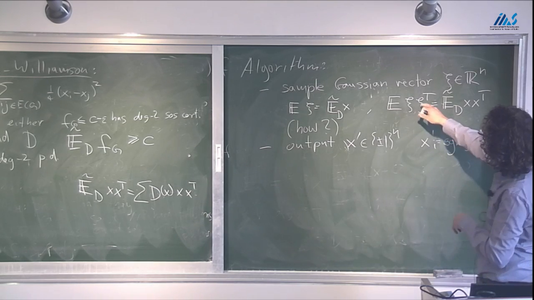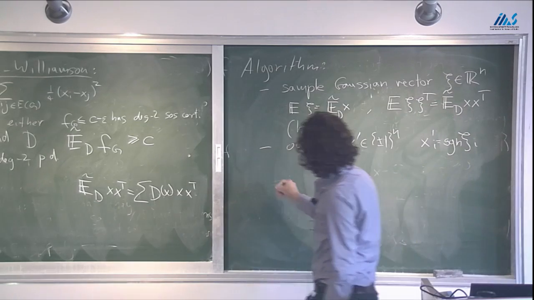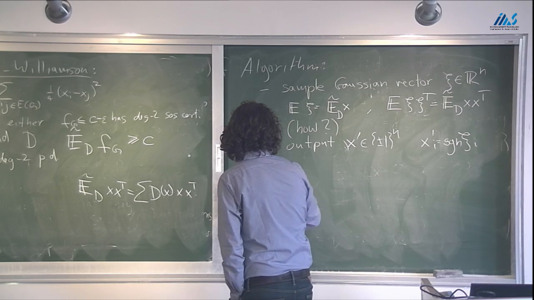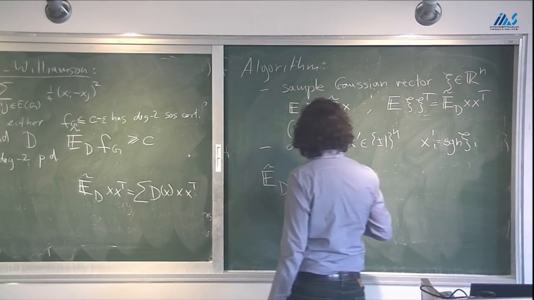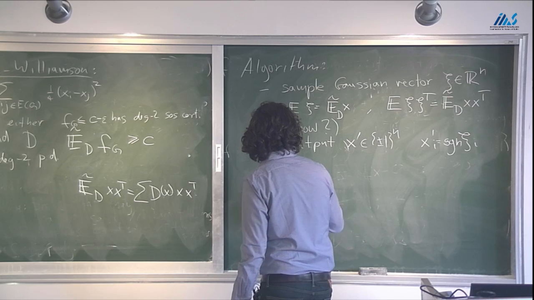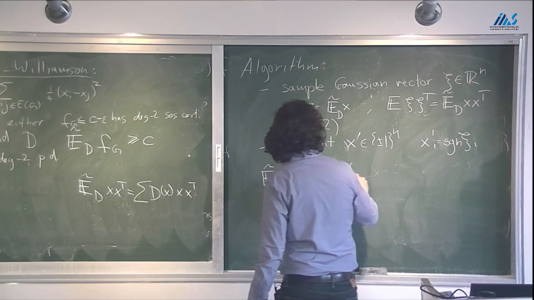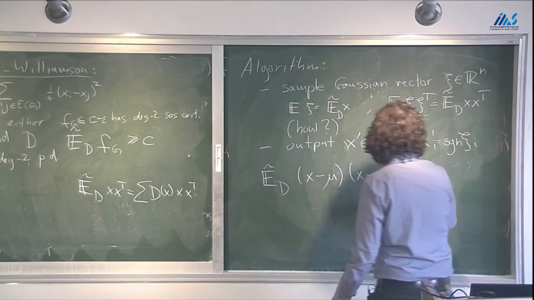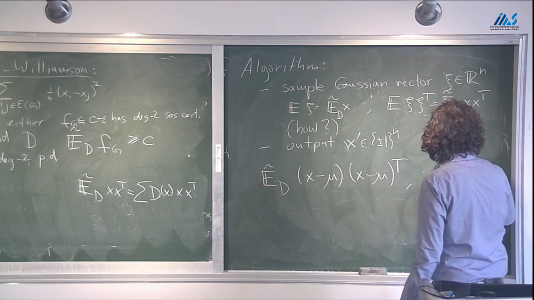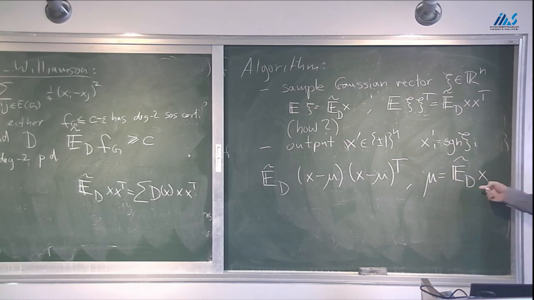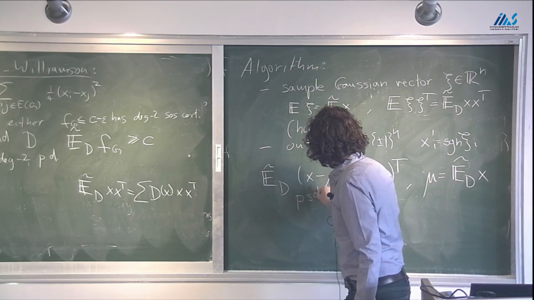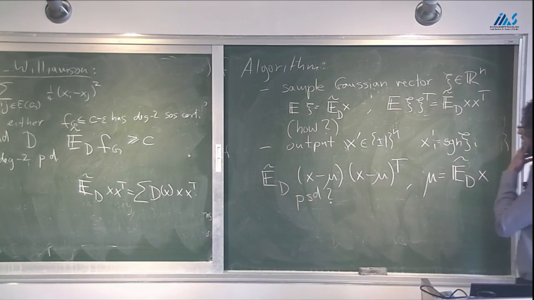So what we have to check for the existence of this Gaussian distribution is whether the covariance matrix, which would be this matrix, where mu is the mean of this pseudo distribution, is PSD. We want to check whether this matrix is positive semidefinite.